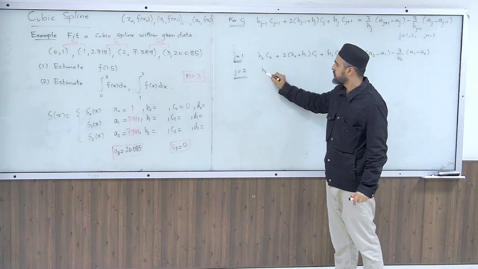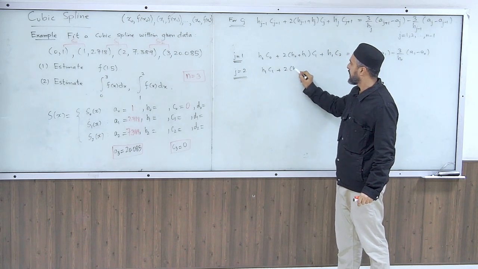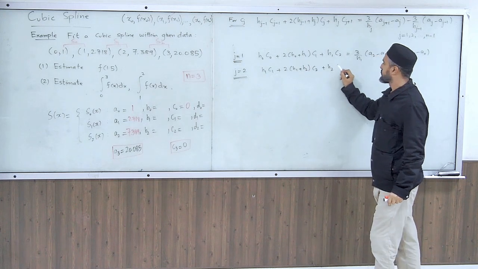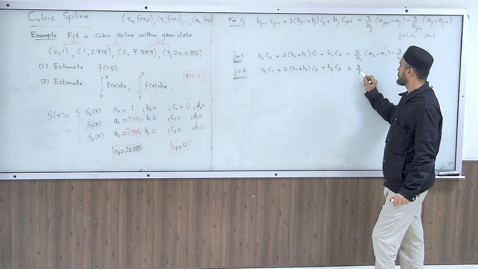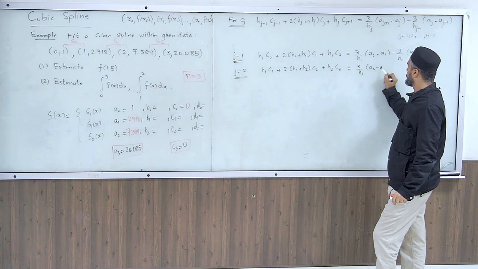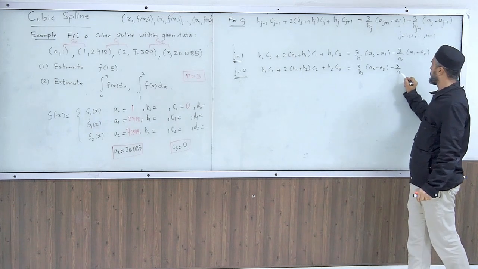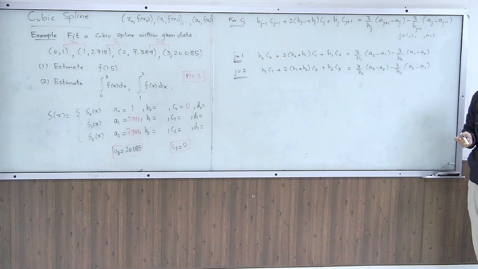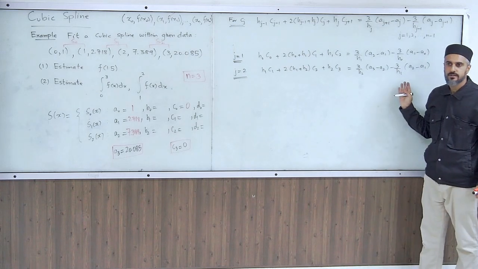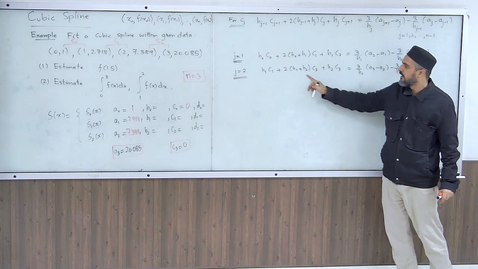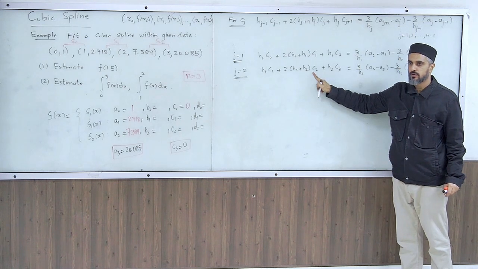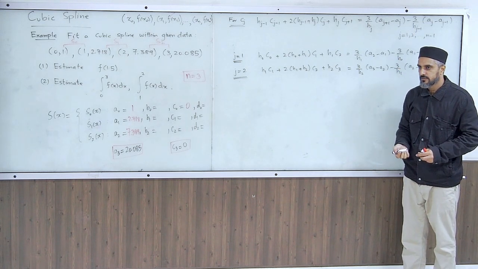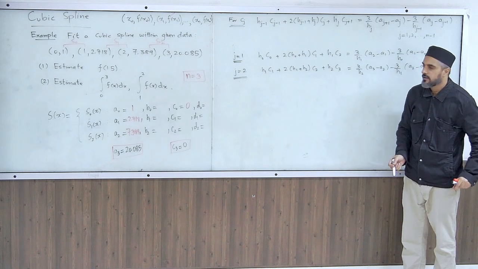So this is h1 c1, h2 c2, h2 c3, 3 over h2 (a3 minus a2), and 3 over h1 (a2 minus a1). Similarly, all things are available except c1 and c2. All the other things are known numeric values, as we know from our observation.